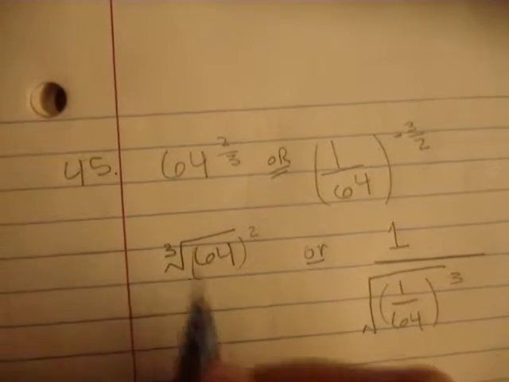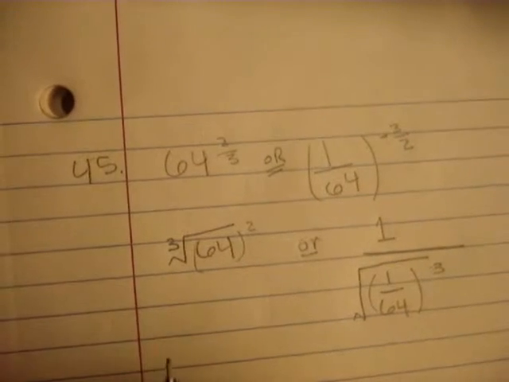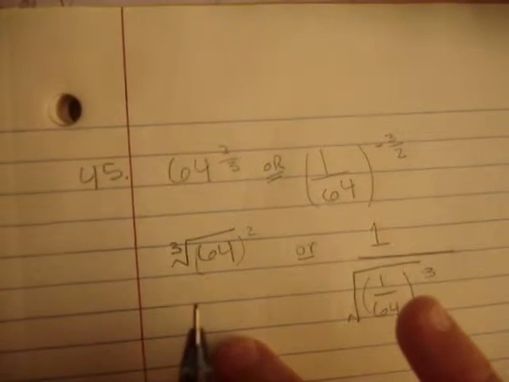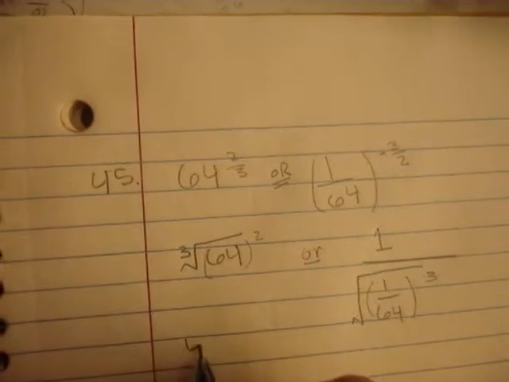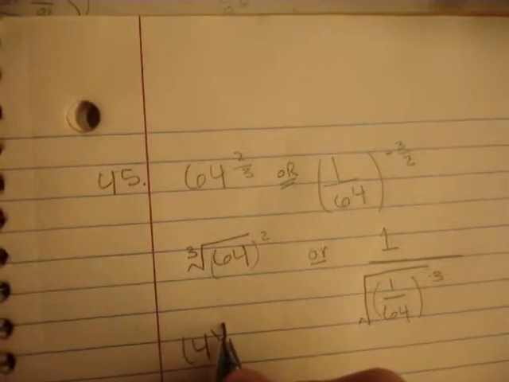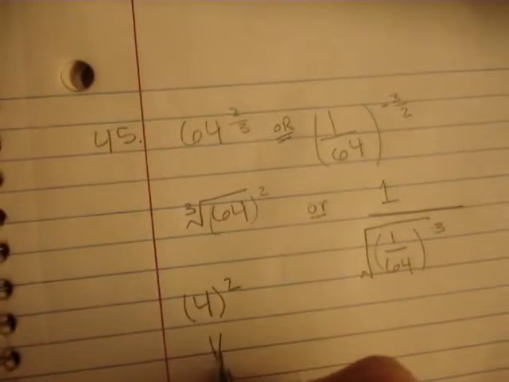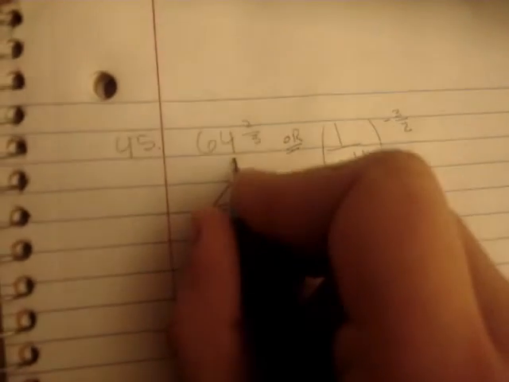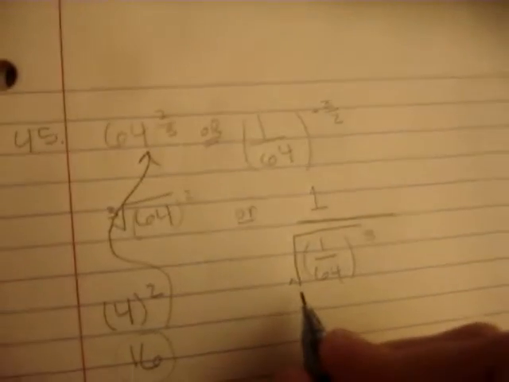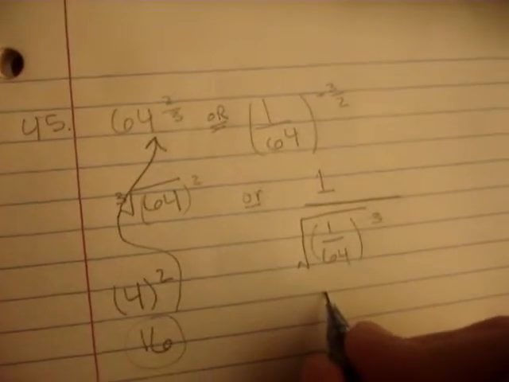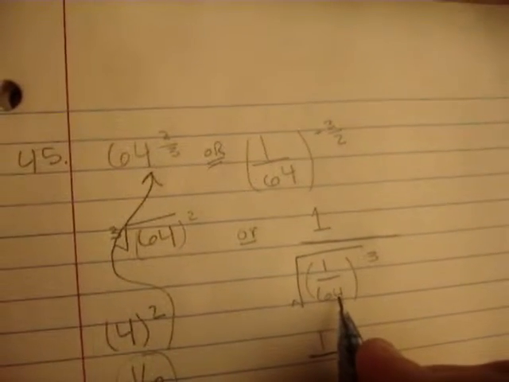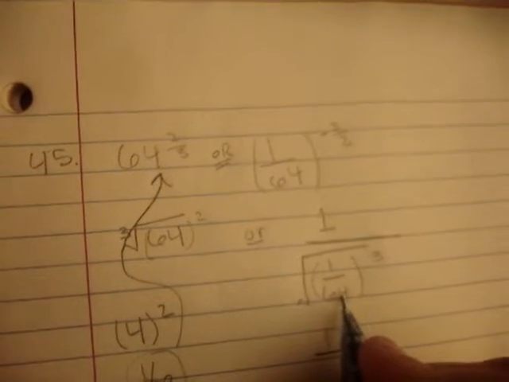Hopefully that's not confusing. So the cubed root of 64, that is 4. 4 squared, that is 16. So we've got a big 16 right here that matches that one. And then right here we're going to have a 1 over the square root of 1/64, which is just 1/8.